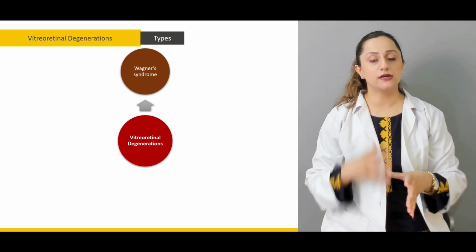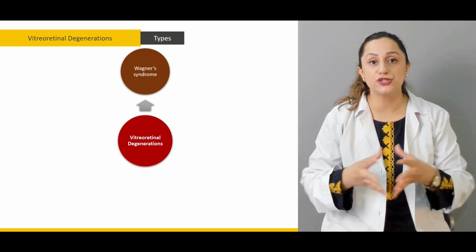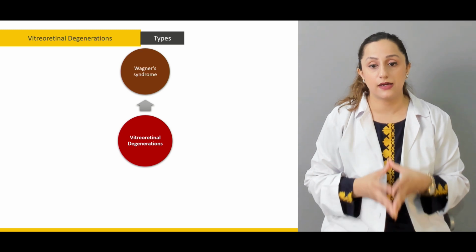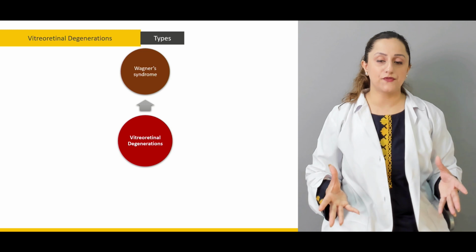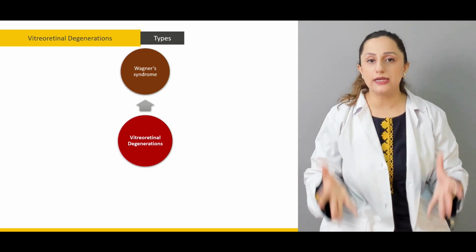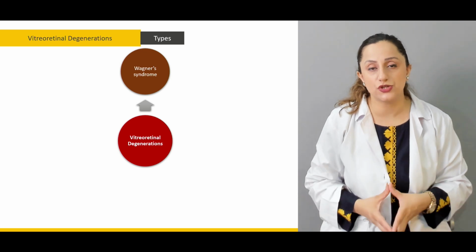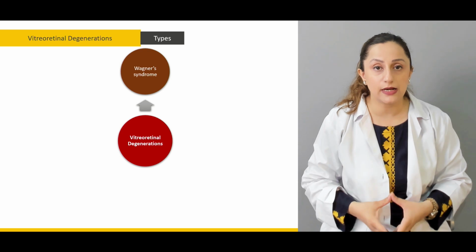But over here, you would just keep in mind that all of these conditions are hereditary or congenital in their occurrence. Wagner's syndrome is one of the syndromes in which the patient is hereditarily or congenitally suffering from retinal degenerative mechanisms. Again, it's an autosomal dominant phenomenon.